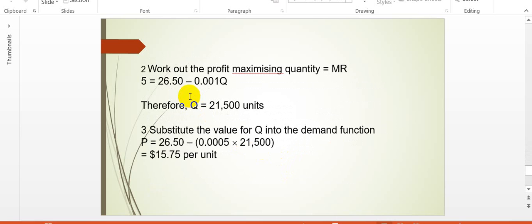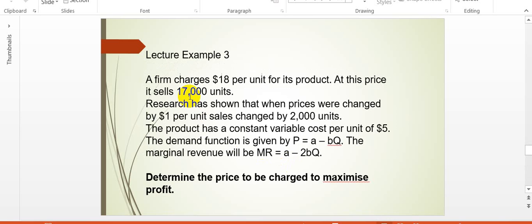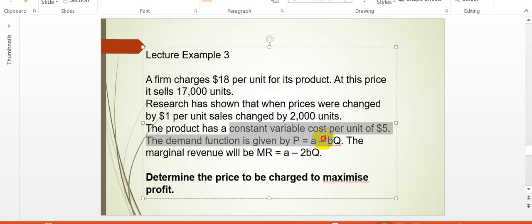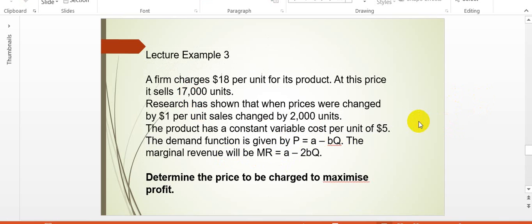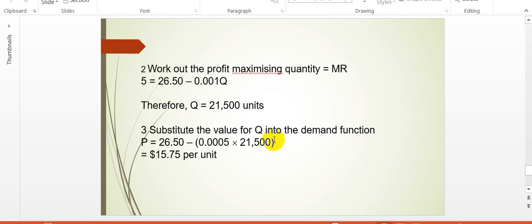So we substitute now our variable cost, which is the marginal cost, given as $5. So 5 is going to substitute the MR, since we're saying the MR is equal to the MC. So 5 equals 26.50 minus 0.001Q.